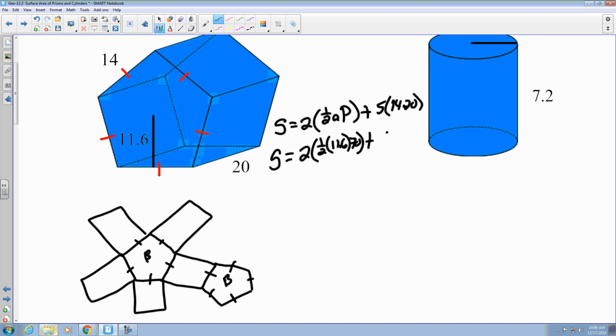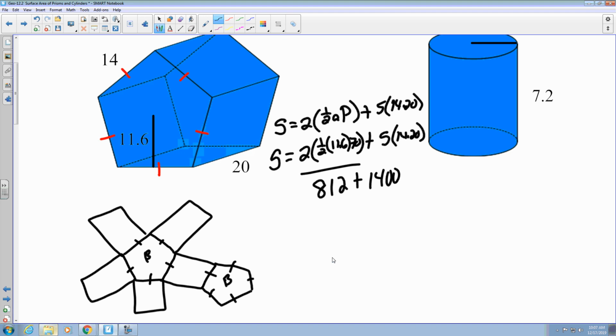And then I have this 5 times 14 times 20 over here. Solving all this out, 2 times 1/2 cancels out to make 1. And 11.6 times 70, I get 812 right here. Plus 5 times 14 times 20, I get 1400.